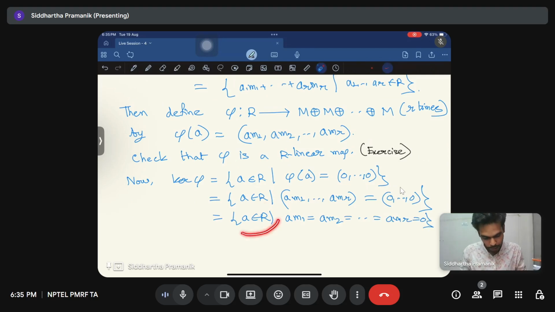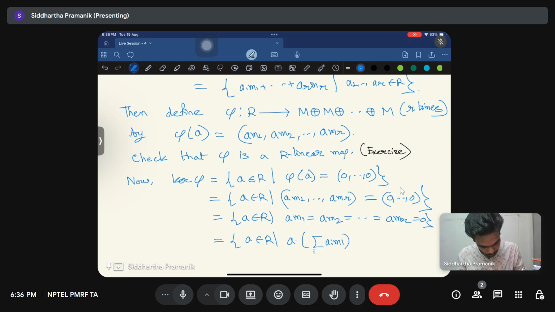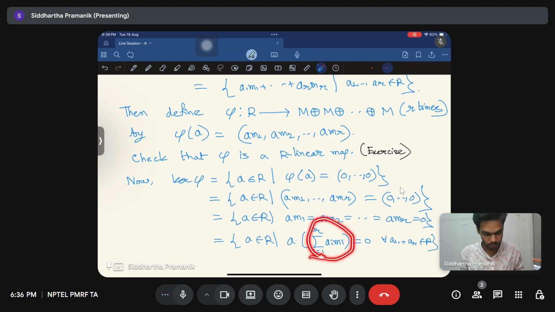So all those elements of R which kill every generator m1 up to mr of the module M. So a will basically annihilate every element of M. So a belongs to R such that a times the summation ai mi from i equals 1 to r will be 0 for all a1 up to ar in R. So this is the general form of an arbitrary element of the module M.